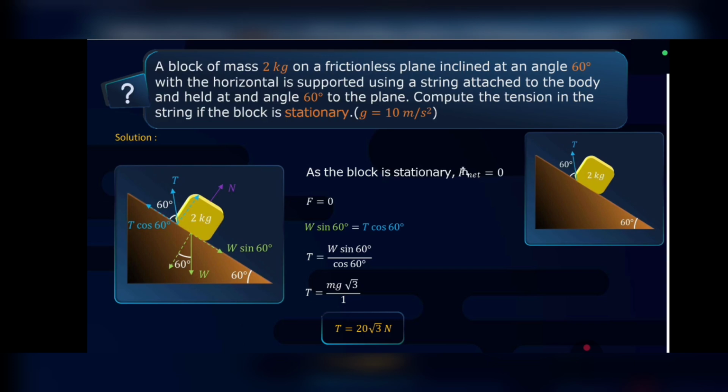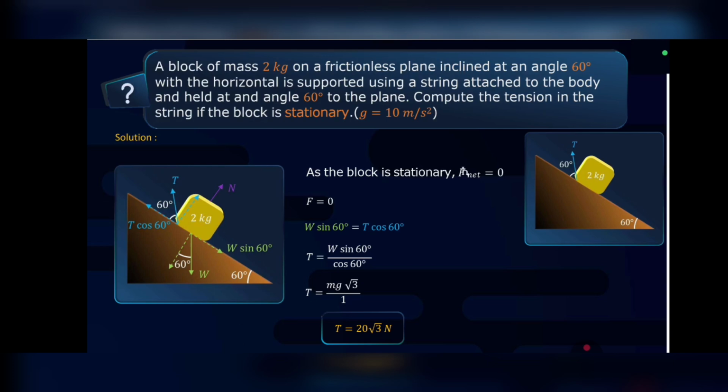So then the tension: mg sin 60 is equal to T cos 60. T is the tension, because we are using a string attached to the body. So the component of the weight, mg sin 60 degrees, is equal to its opposing force, which is T cos 60.